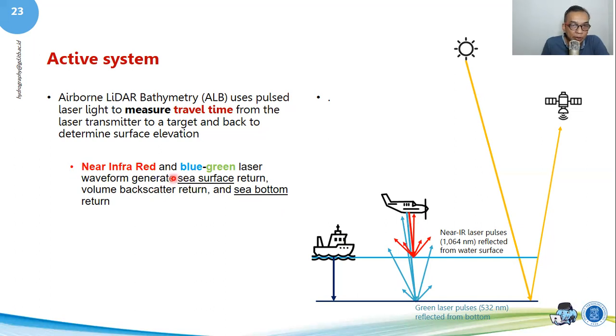So near infrared and blue green laser waveforms generate the sea surface return, the red one here, and the sea bottom return, the blue one here. There is also an indication of the wavelength here, 1000 or so nanometers for the near infrared and 500 or so nanometers for the blue one.